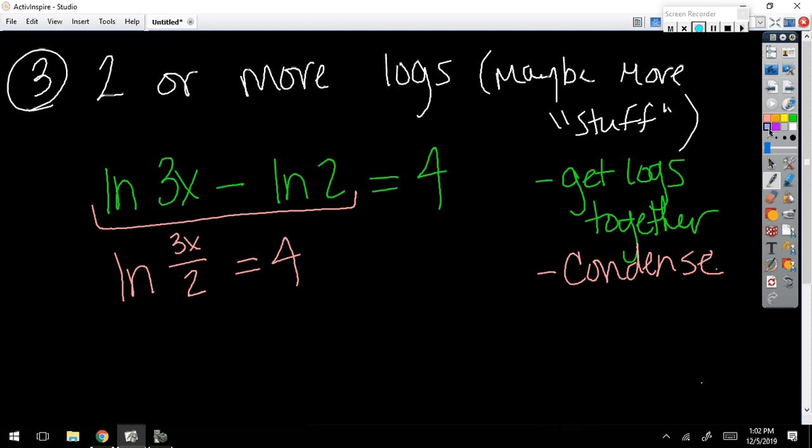Here's where you have to think about what natural log means. It's the same thing as log base e. So change the form. Equals e to the 4th.